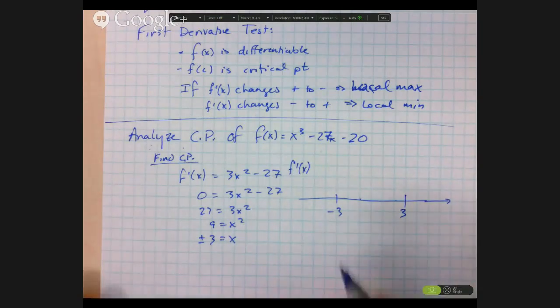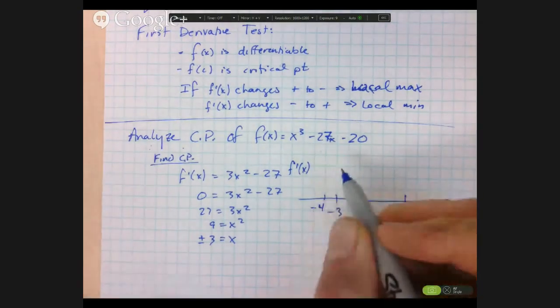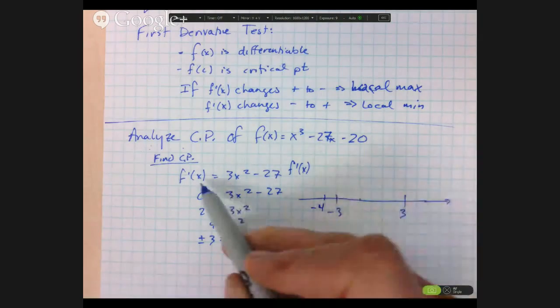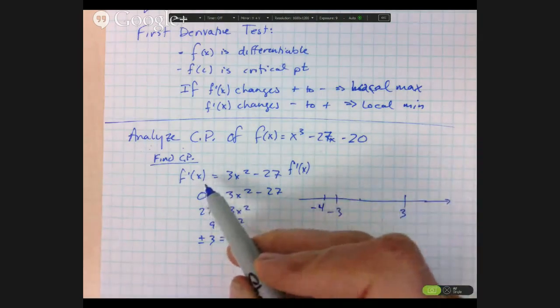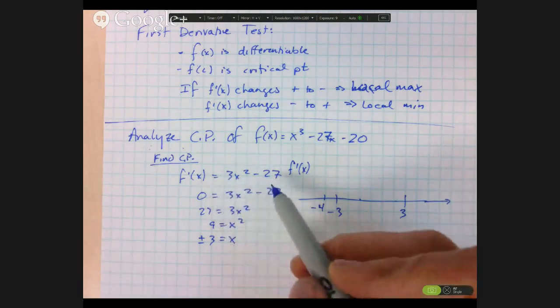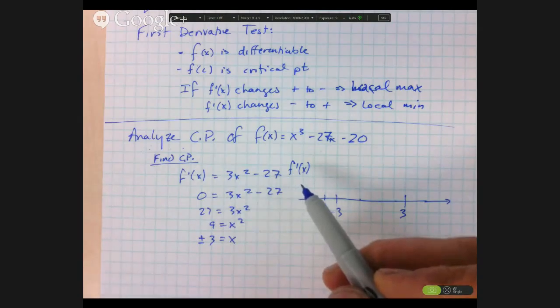Okay, so if I pick -4, what's f prime at -4? The derivative now, we're analyzing the derivative. Last time we did the original function. Is it positive or negative?